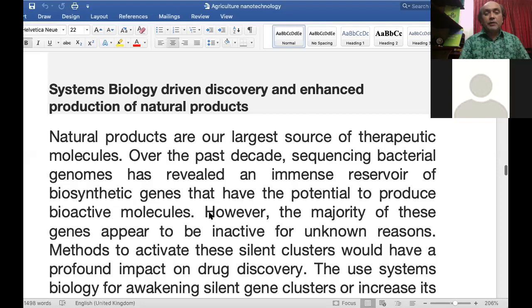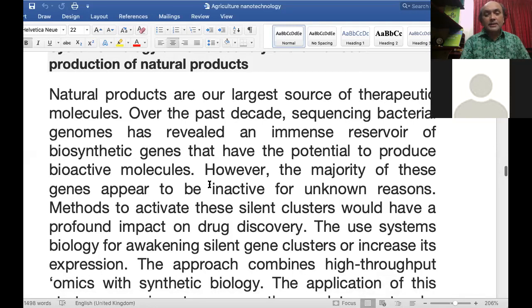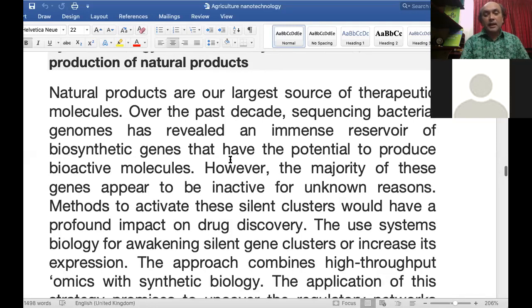System biology driven discovery and enhanced production of natural products. Natural products are our largest source of therapeutics, already I mentioned. Over the past decade, sequencing bacterial genomes has revealed an immense reservoir of biosynthetic genes. Already I discussed this, because lots of genes are silent that have the potential to produce bioactive molecules. However, the majority of these genes appear to be inactive for unknown reasons.